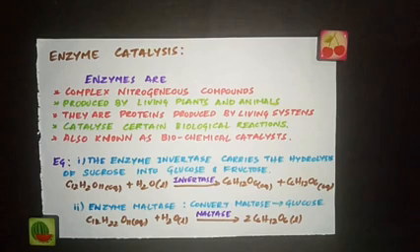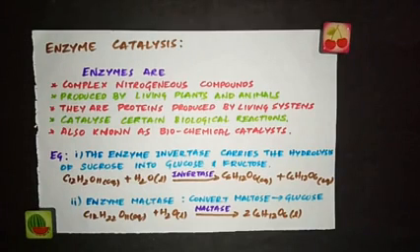Without the enzymes, the living processes would be too slow to sustain life. For example, a single molecule of carbonic anhydrase, which is the enzyme in the red blood cells, can catalyze the decomposition of about 36 million molecules of carbonic acid in 1 minute. In just 1 minute.